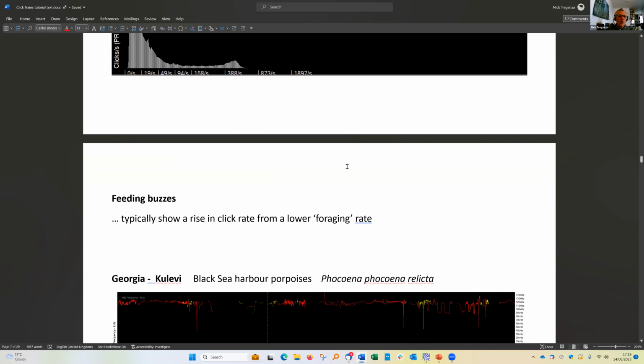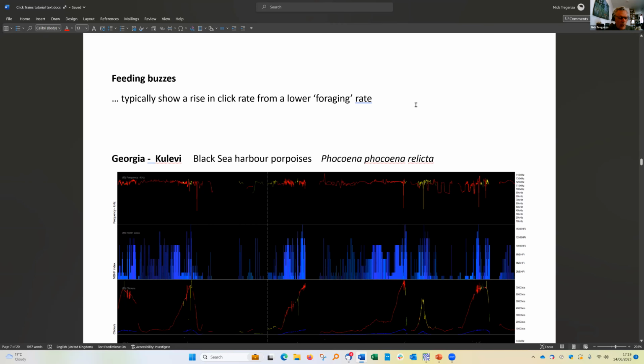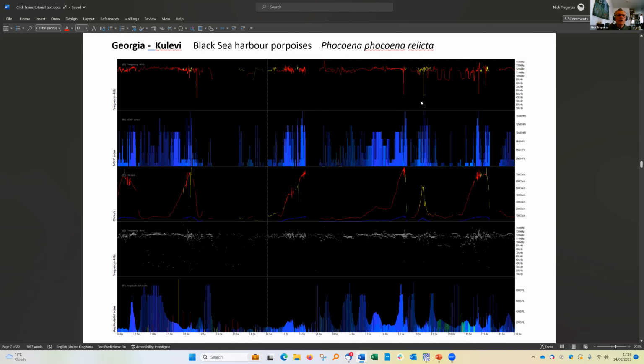Yeah. Okay. So we're going to look at these fast click trains and try and figure out what they come from. So first of all, feeding buzzes. These are from that site in Georgia, which gave us a very high incidence of fast click trains, both of porpoises and dolphins.